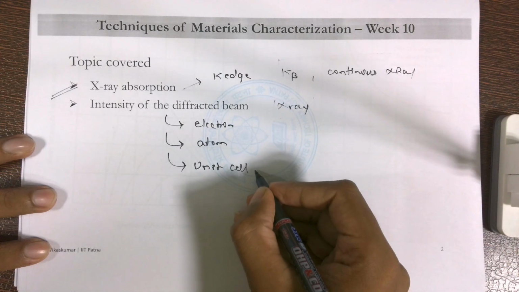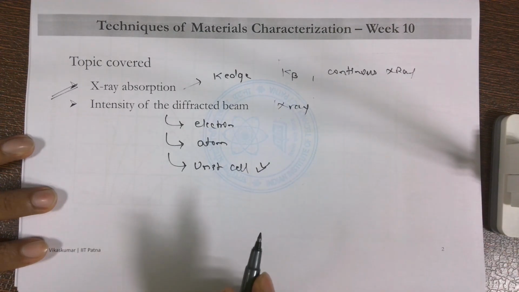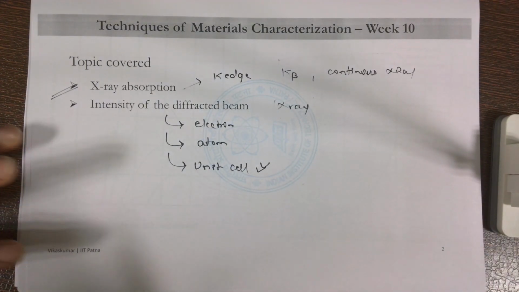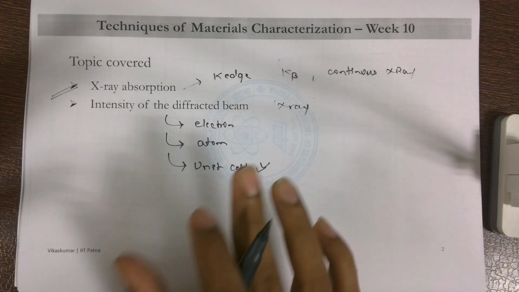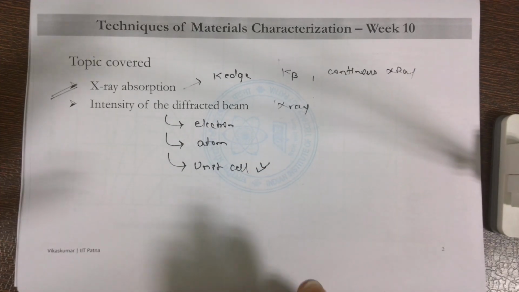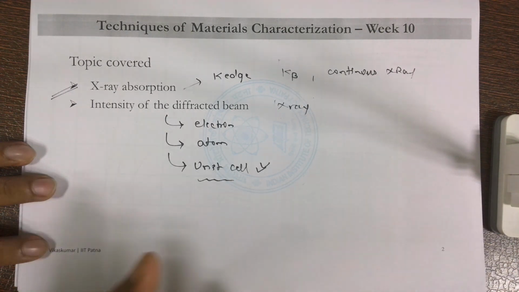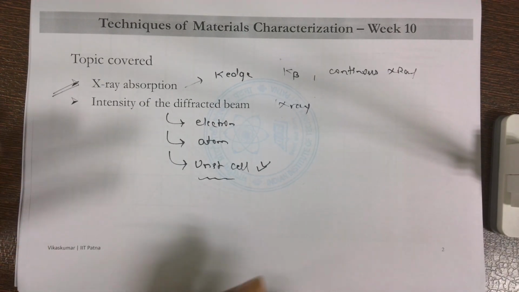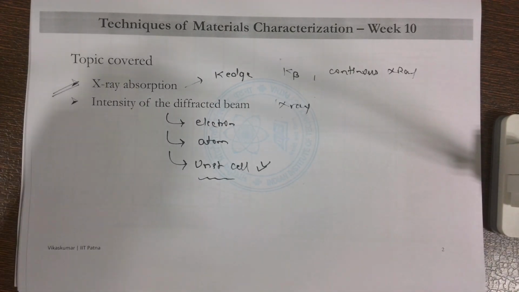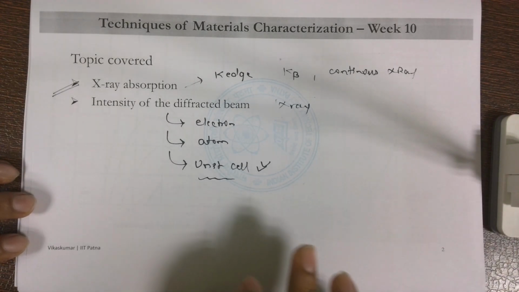We just started this in the last video, where you might have seen the derivation, but it's not completed yet. So we'll discuss it to a certain extent, but the last part which the professor discussed, I would prefer to discuss in the next week because some part of it is still remaining.